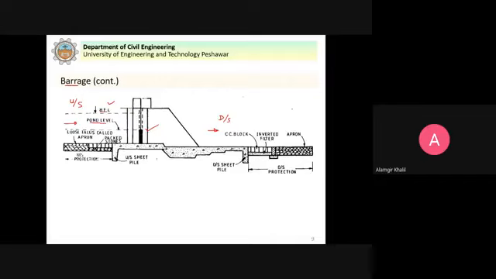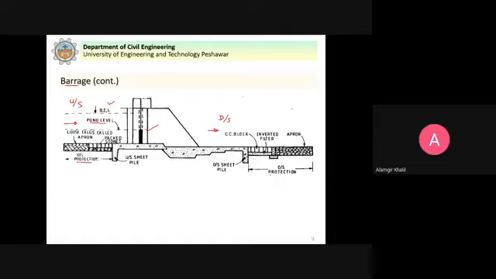So for this hydraulic structure, you can see that protection is provided upstream for the scouring and for the seepage of water that can endanger the hydraulic structure.